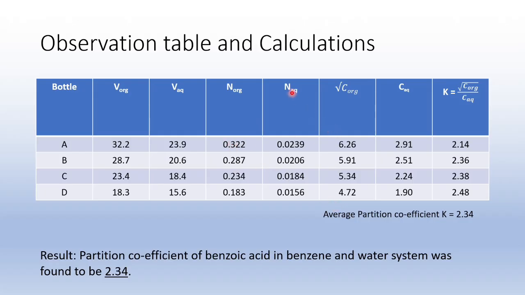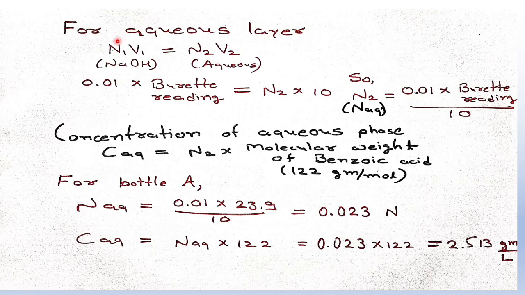Now we will calculate the normality and concentration of the aqueous layer. For that we will use the similar equation again, which is N1V1 = N2V2. We used 0.01 normal NaOH to titrate the aqueous layer. We will write down the burette reading here and find the normality of the aqueous layer.